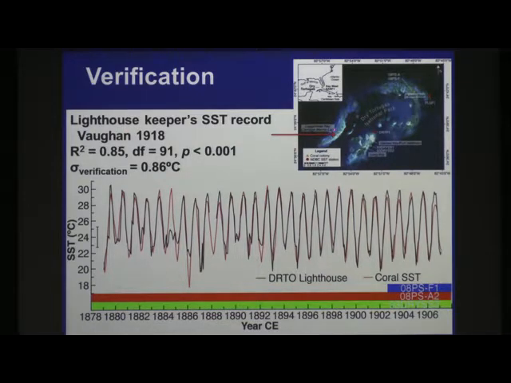That Loggerhead Key, remember the lighthouse in the very first slide I showed you? That lighthouse has been out there since the 1800s. And there was a lighthouse keeper who went out every day and made a temperature measurement. Put a bucket in the ocean, put a thermometer in, write it down. So Vaughn back in 1918 compiled all of these records and published that.